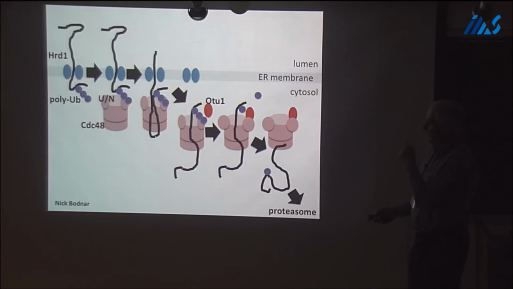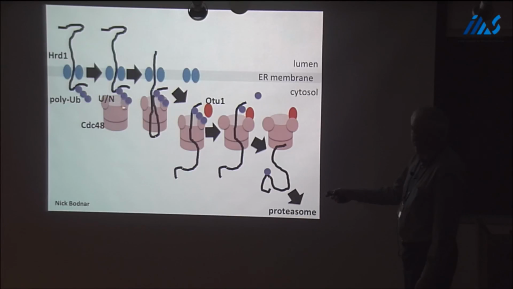So this is just a summary of the whole thing that he did, and I could show you 30 slides on this, but I'm not going to do that. So here's the substrate. It slides back and forth in the HERD1 channel and gets polyubiquitinated. This polyubiquitin chain binds to the UN complex. It's exclusively through the UN complex.